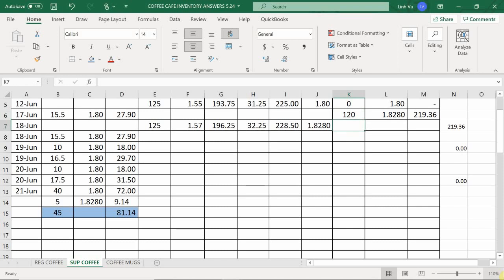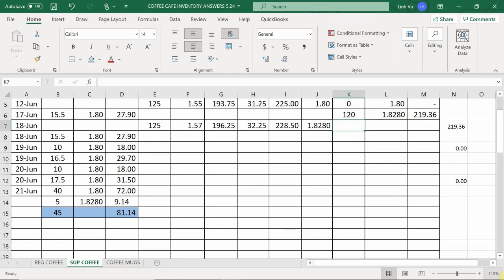Okay, and we are left with $219.36. And we're doing that one in the same cell, right?